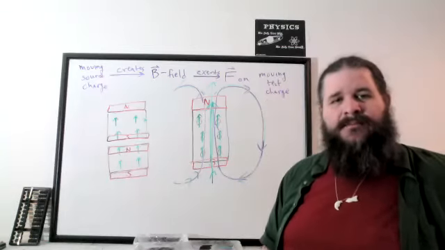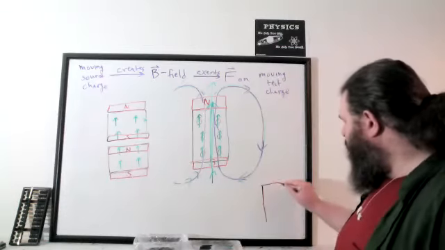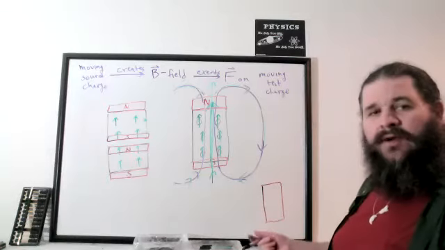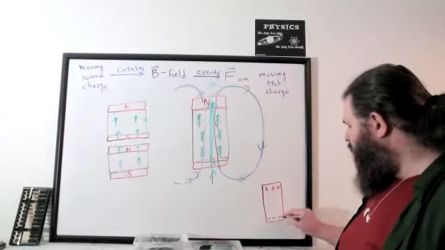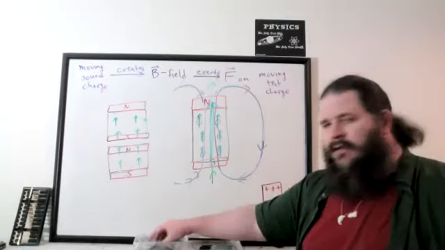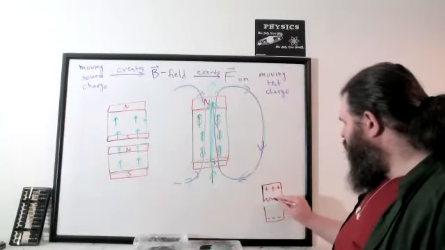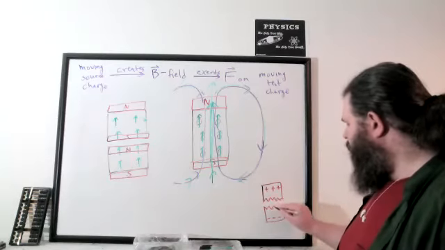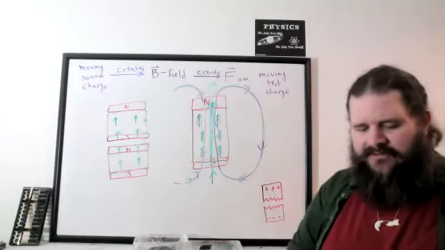This is very different from an electric dipole, because an electric dipole is polarized because it has a bunch of positive charge on one end and a bunch of negative charge on the other. If you break that in half, you don't have two dipoles. You have a positively charged object and a negatively charged object.